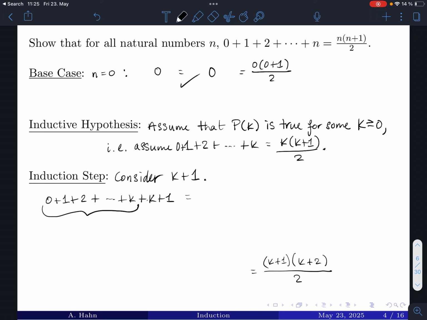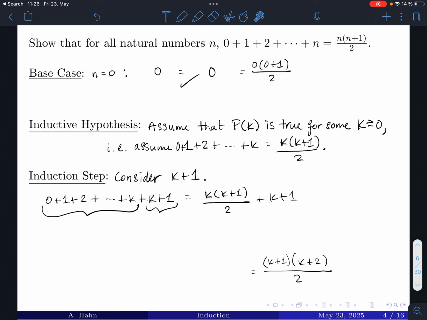So using the inductive hypothesis, that whole first bit is equal to k times k plus 1 divided by 2. Sweet. Then we write down the second bit as well, plus k plus 1. Again, substituting in k times k plus 1 divided by 2 for the first bit came from the inductive hypothesis. We know that's true from the inductive hypothesis.